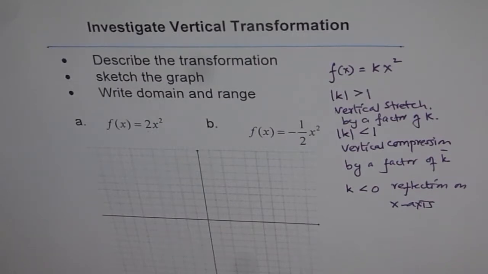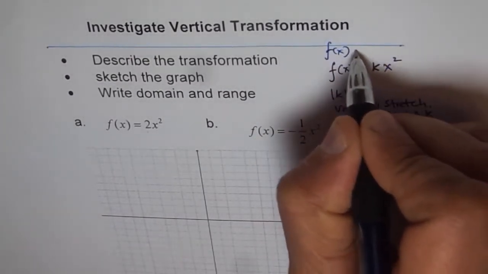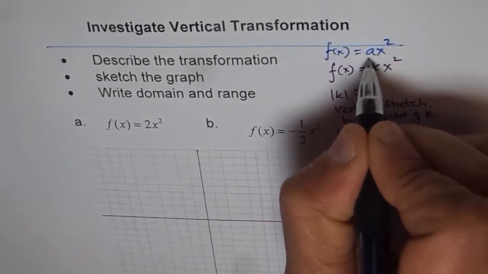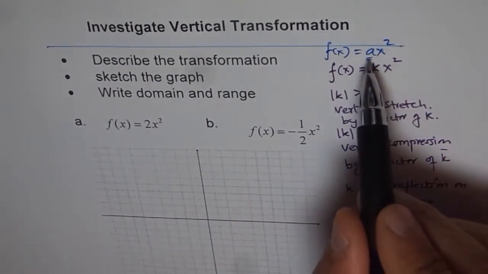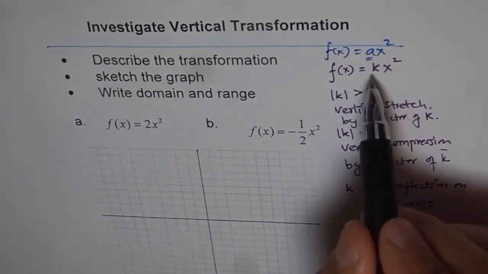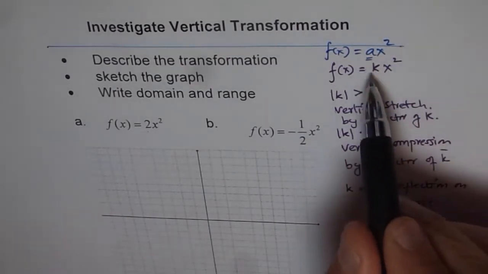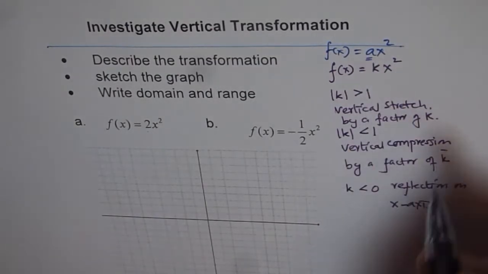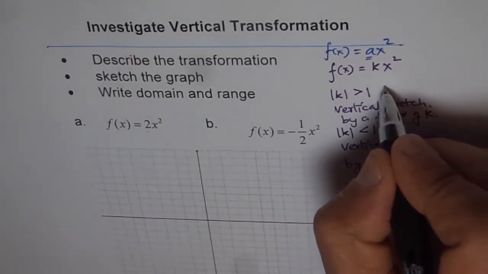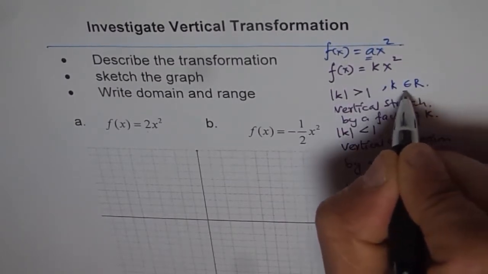Most of the time, we write in general the functions as f of x equals a times x squared. So we normally use the letter a in general for vertical stretch, compression and all. And we write k as inside function, right? But it's basically a constant. K or a, they belong to the set of real numbers, right?